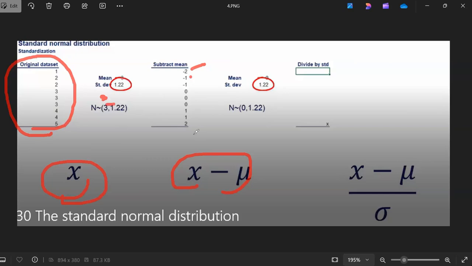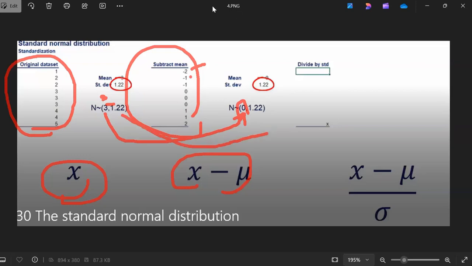Can you do this continuously? So when you subtract the mean, what is my mean? 0, right? Now the normal distribution has converted the mean to 0. Are you clear? And then 1.22 to 1.